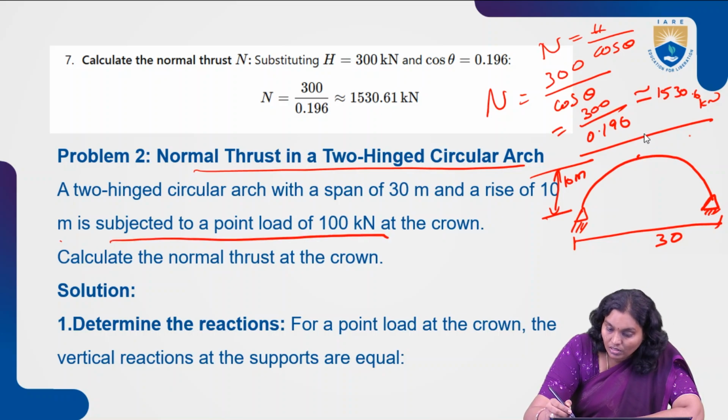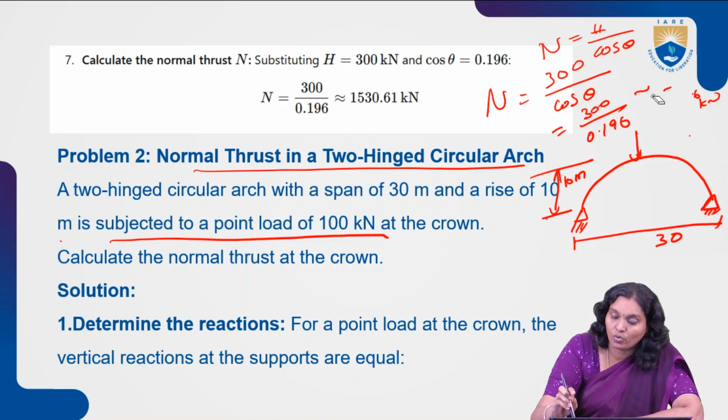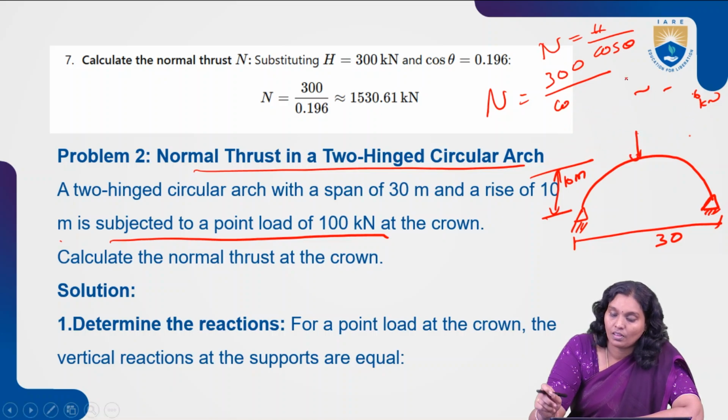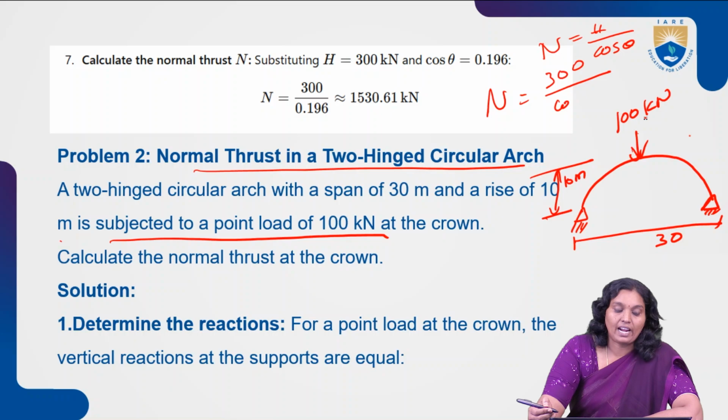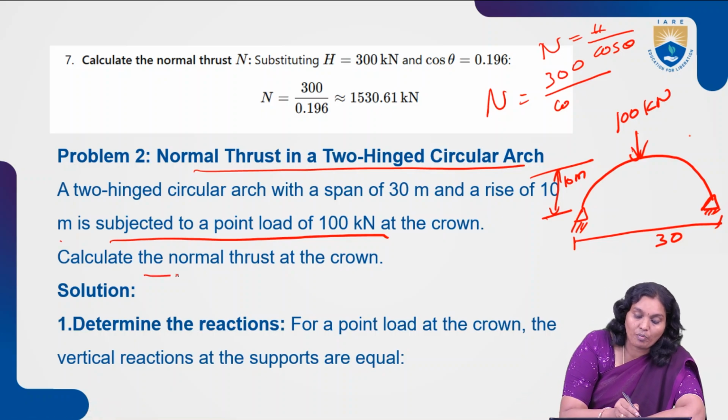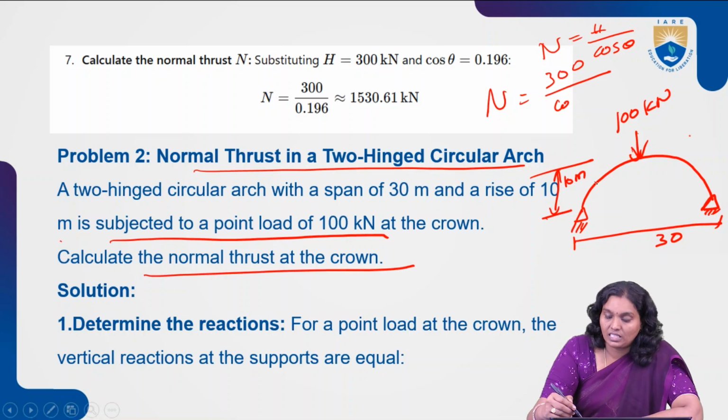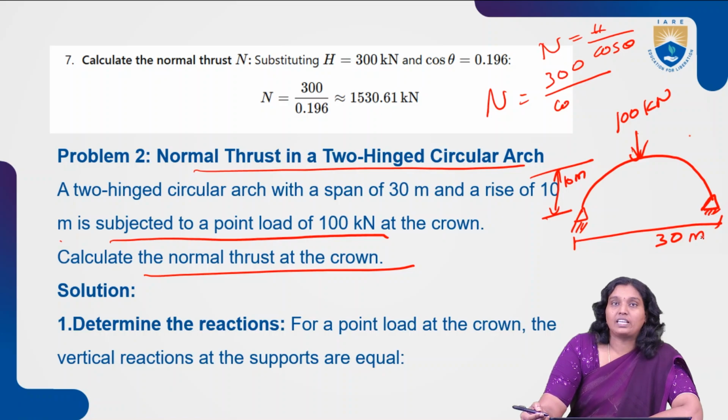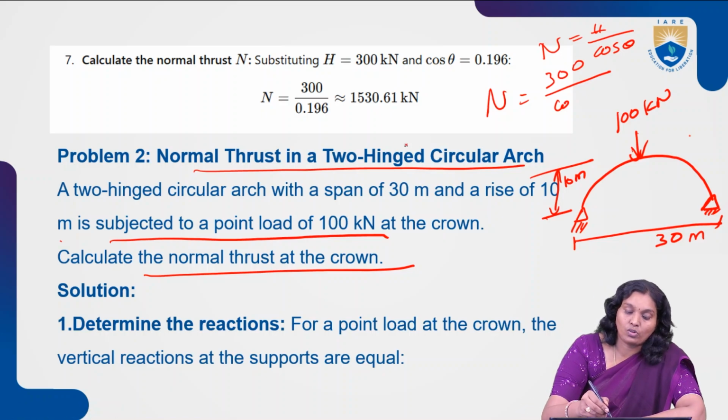At the crown, the point load is equal to 100 kilonewtons. Calculate the normal thrust at the crown.